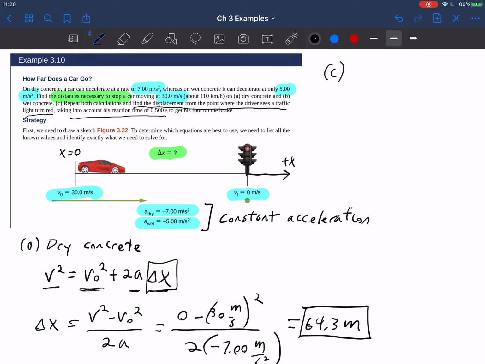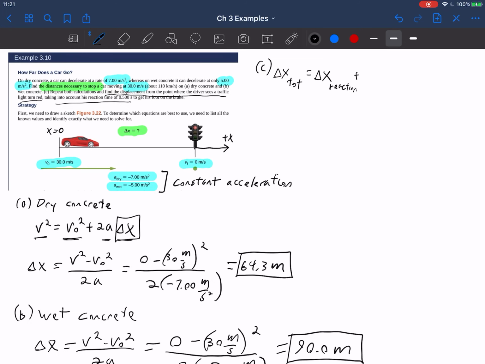So we can figure out how far the car travels during that 0.5 seconds driving at a constant velocity, and then we can figure out how far they're going to travel after that when they're slowing down with the acceleration we already know about, right? And in fact, we've already solved for that. So all we have to do to find the total displacement is figure out the displacement during the reaction time and add to that the displacement while they have the foot on the brake.